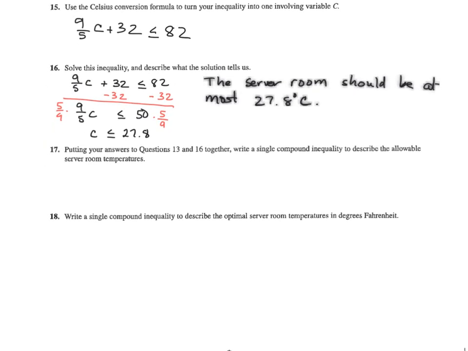So we said, once we got through solving them, that our temperature has to be between 10 degrees Celsius and 27.8 degrees Celsius. And then on 18, it says write a single compound inequality to describe the optimal server room temperature in degrees Fahrenheit. So remember, number 11 said that it had to be at least 50 degrees, but it could not be any more than 82 degrees.